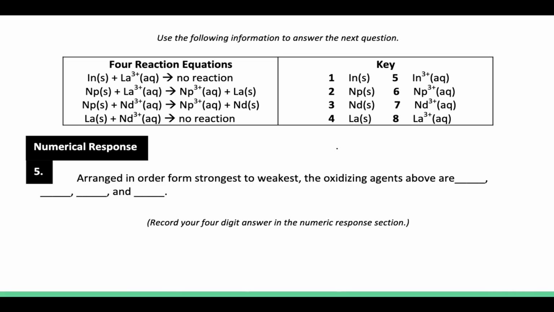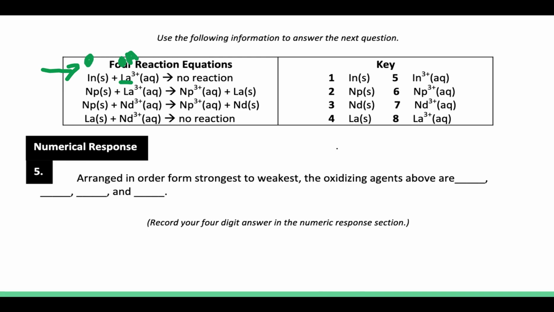Okay, this next one takes a little bit more time because you are building tables. And then we will take a look at the strongest weak oxidizing agent. So looking at your first bit here, you have In and La3 positive with no reaction. When we're taking a look, positive charges like to gain electrons. So this would be undergoing reduction, making La3 positive your OA.